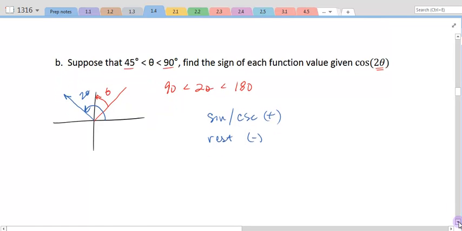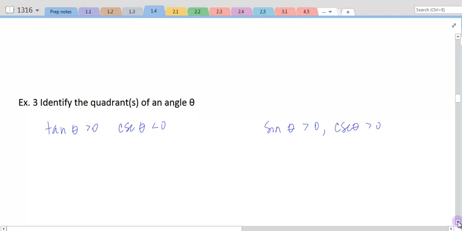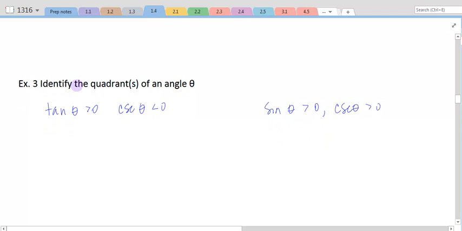The final example I want to look at for this section says I need to identify which quadrant my angle is falling in if I'm given these 2 restrictions. I have 2 examples here. This is the first example on the left.